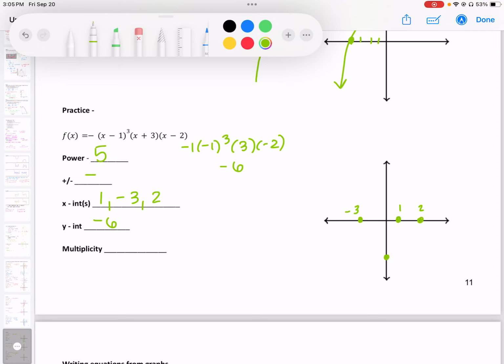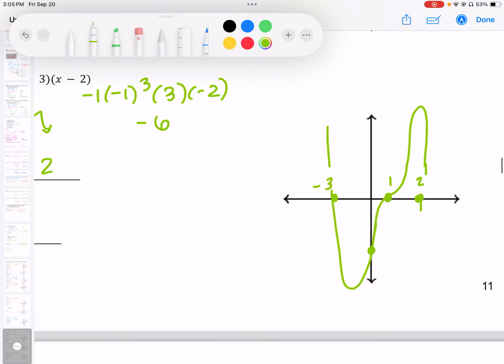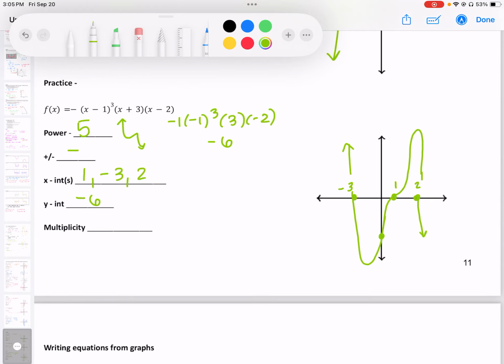It's a power of 5 and it's negative, so we're going to start up here and come down. I have my multiplicity at 1. And then I'm going to come down at 2.